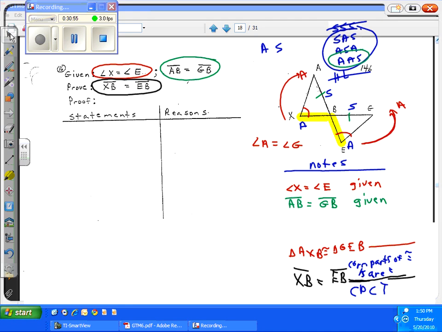Any way to prove that angle A is equal to angle G? There's not. So we can't prove it by angle, angle, side, this direction.